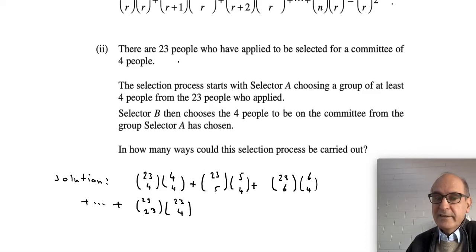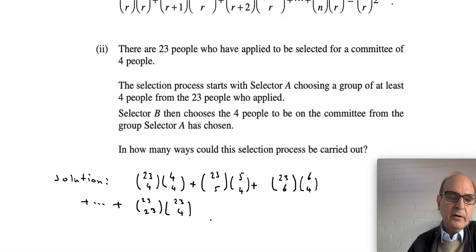We are interested in the number of ways the process can be done, not the final result of the members of the committee. So it is important to notice that we are talking only about the process itself, not the result.